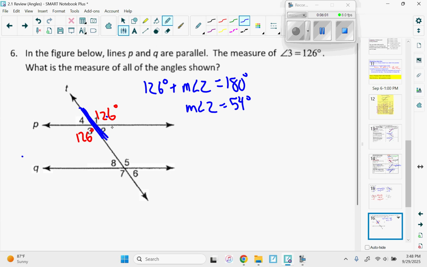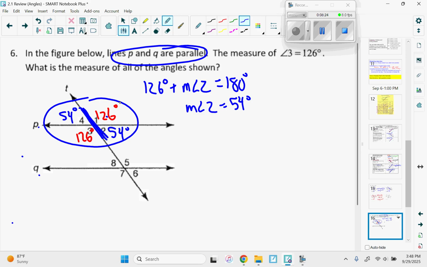So now we know angle 2 is 54 degrees. It's a vertical angle to number 4. They're the same thing. Now we want to see how we get 5, 6, 7, 8. Well, lines P and Q are parallel. That means we can use our angle relationships. Basically, we can shift all of these angles here. They correspond with these angles here.